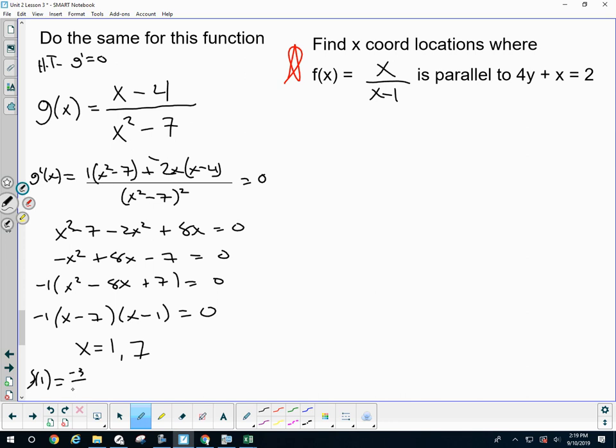Negative 3 over negative 6, which is positive 1/2. And 3 over 49 minus 7 is 42. That ends up being 1/12. Divide by 3, 1/14.